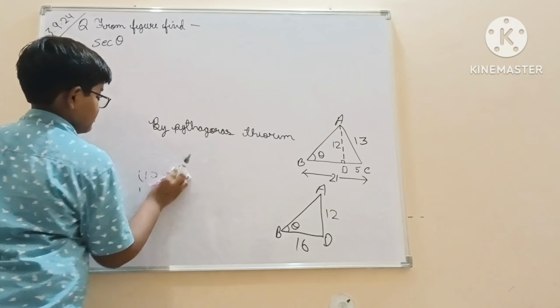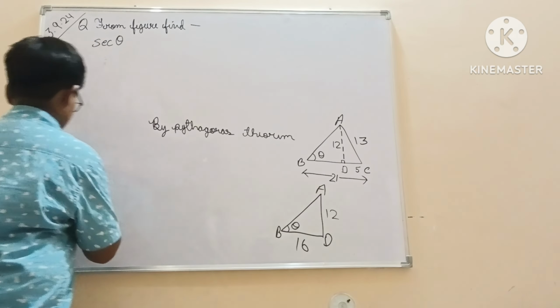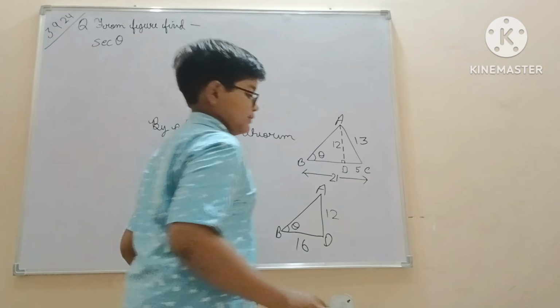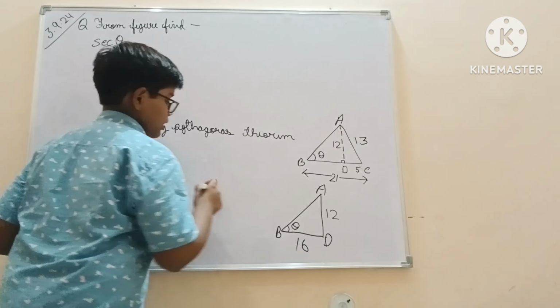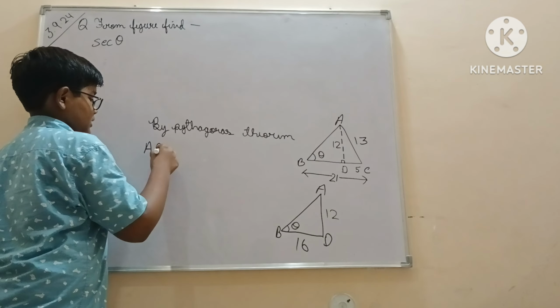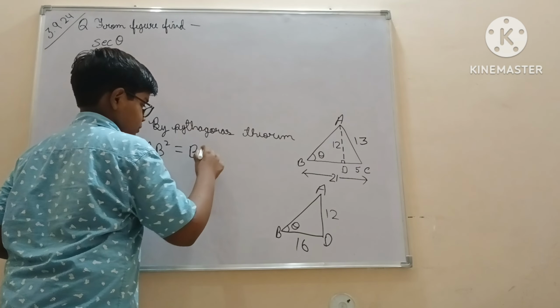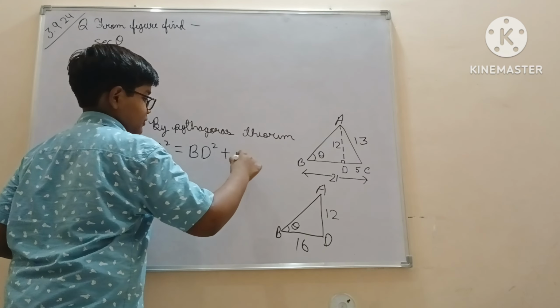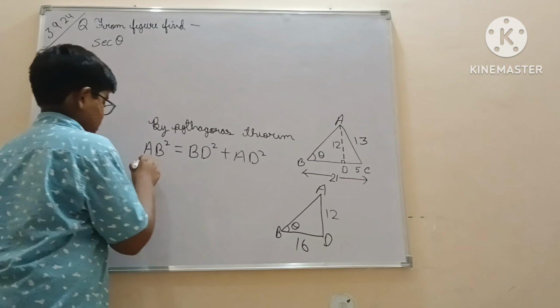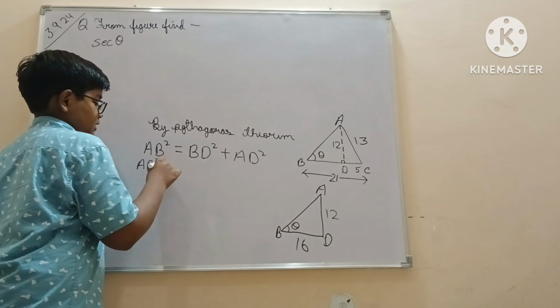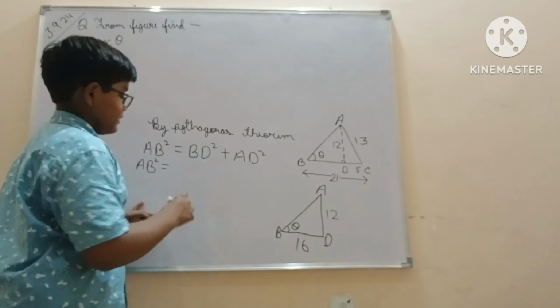Now we will find AB of this triangle by Pythagoras theorem, which will give us AB square is equal to BD square plus AD square. Now AB square will remain as AB square because we have to find its value.